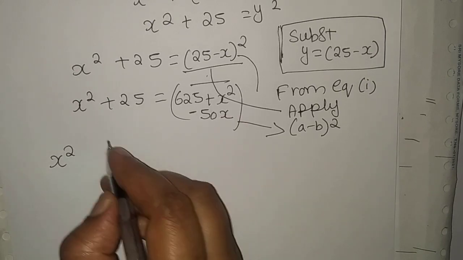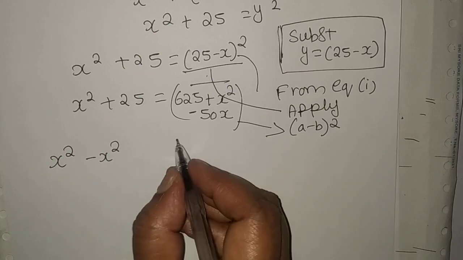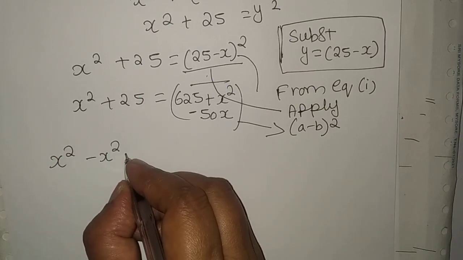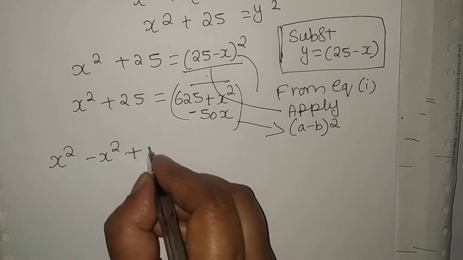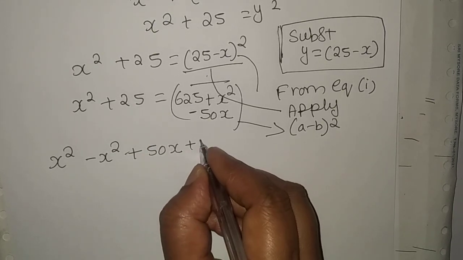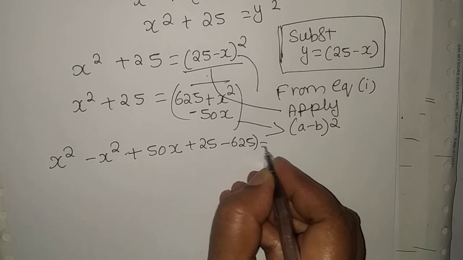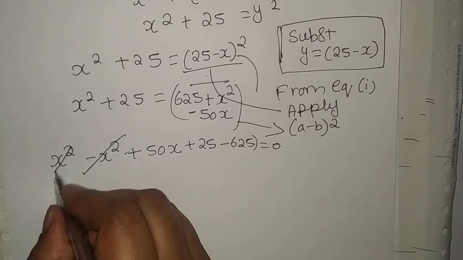Bring this x square to the other side, x square minus x square, plus, this becomes minus, plus 50x, then plus 25 minus 625 is equal to 0. Then this cancels.